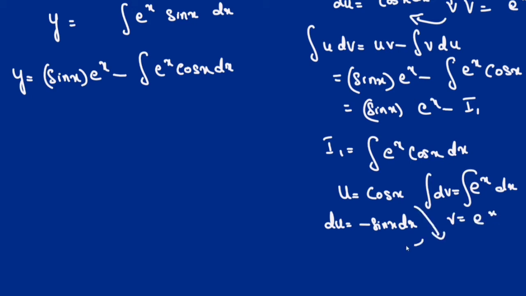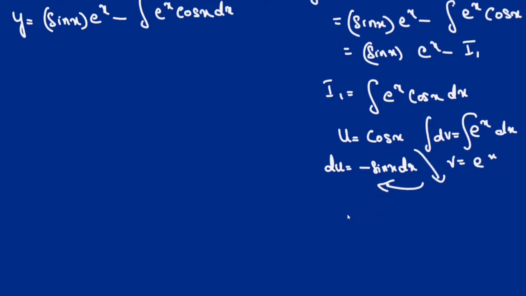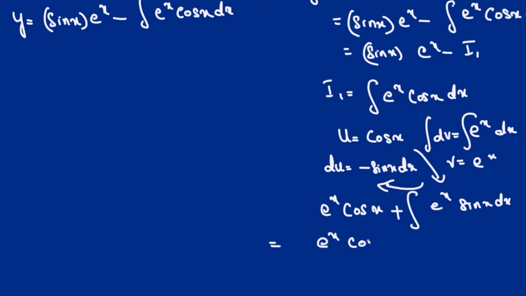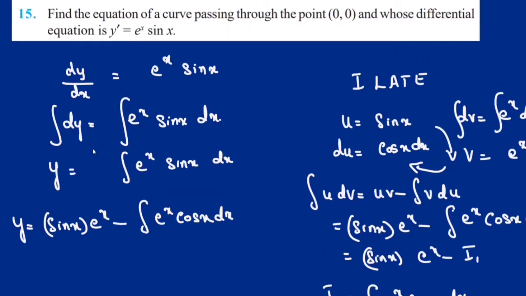So integration by parts is u into v, that is e power x cos x minus, already minus is here, so it will become plus, integral of e power x sin x dx. This is equal to e power x cos x plus this, which is nothing but your y. We have written this as y.